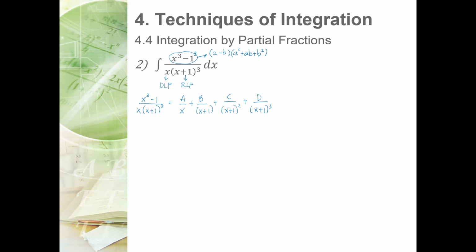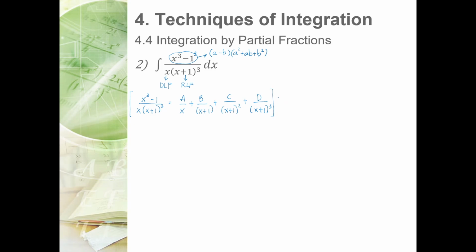So as you can see, you're going to have to solve for 4 unknown variables. And again, that's where the difference in techniques will come in. So probably if you are good at elimination using 4 variables, you may do that one. But if you want your answer to be sure, you may use equating coefficients. So multiply everything by the denominator.